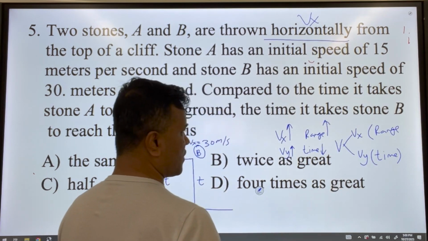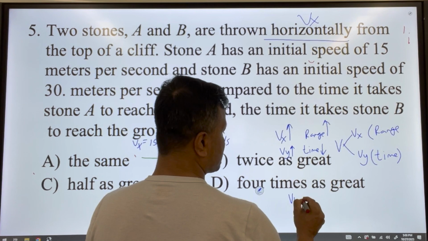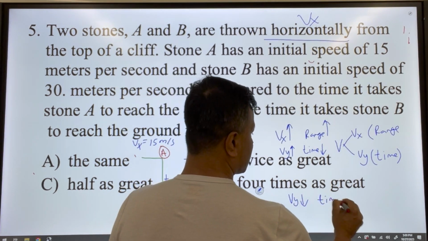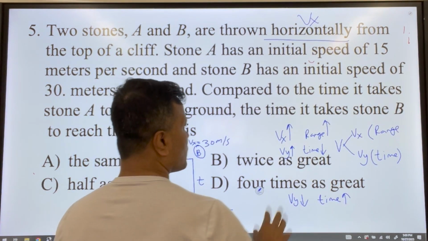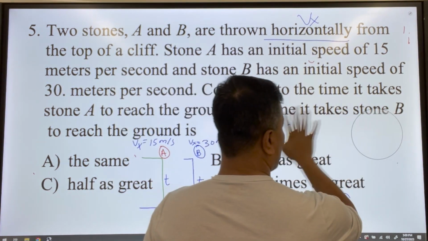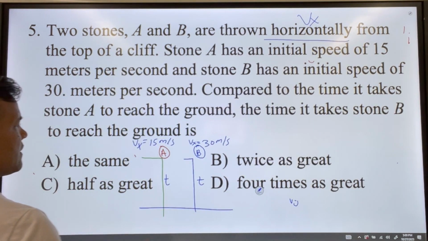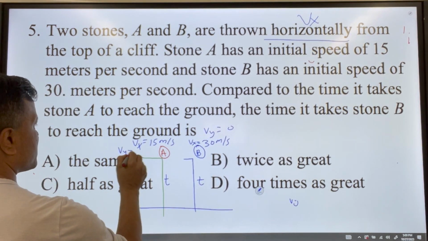And a small Vy takes a big time for the object to land. All right. So good. If that is the case, then Vy for this one is 0 and Vy for this one is 0.